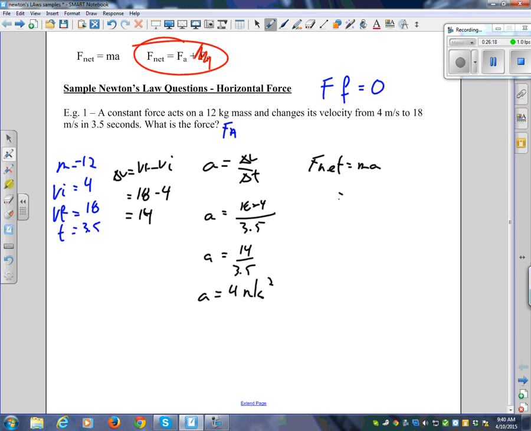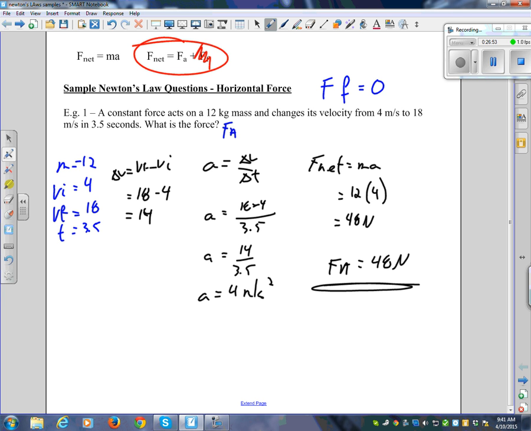The net force is the mass, which is 12, times the acceleration, 4. 48 newtons. Did we not agree that the net force was equal to the applied force? Yep. So what is the applied force? 48 newtons.